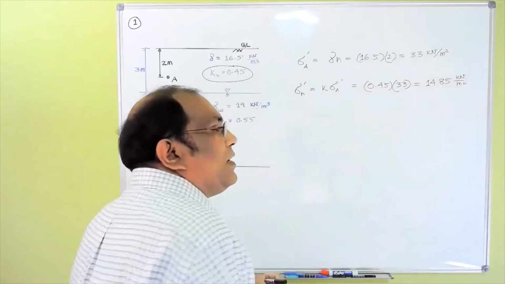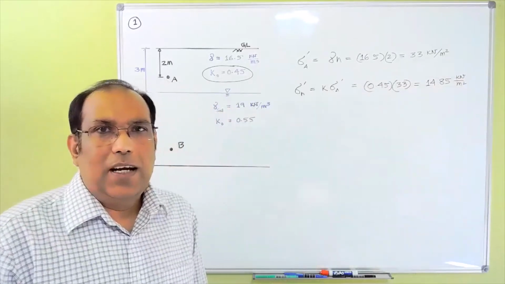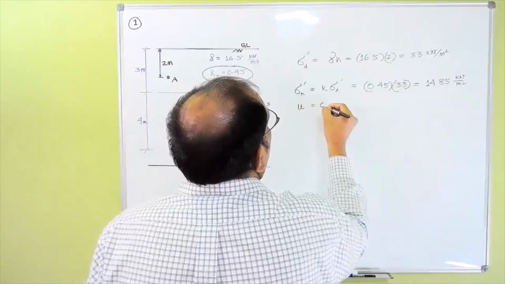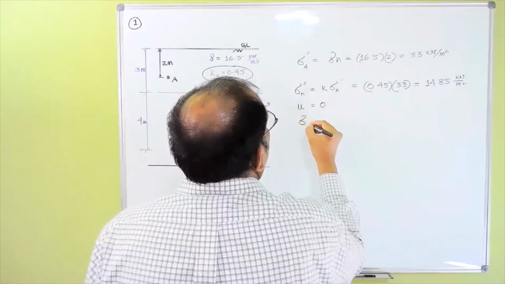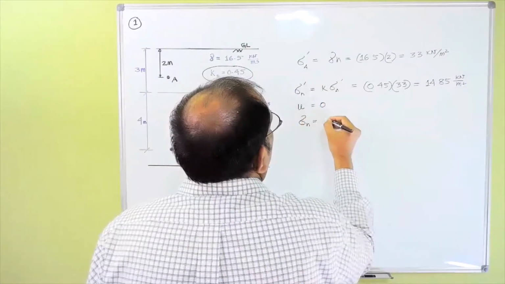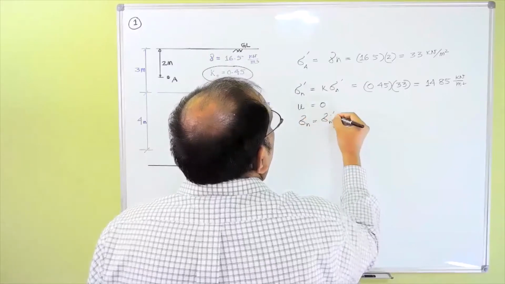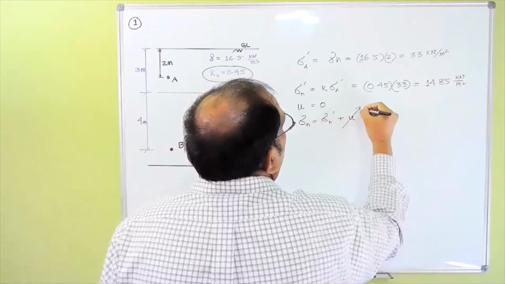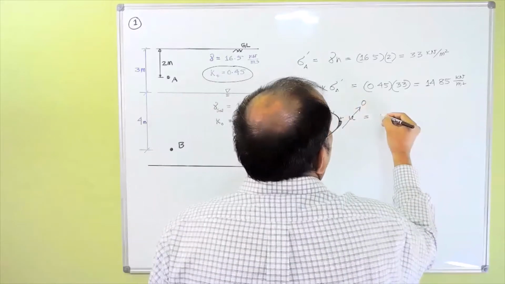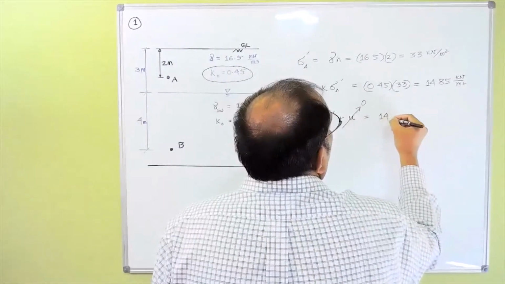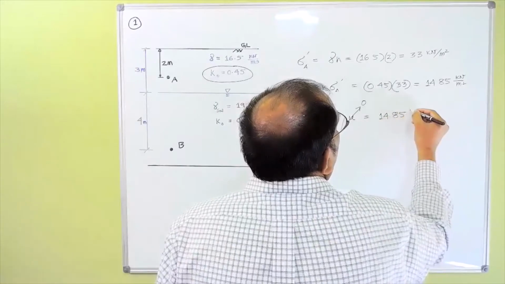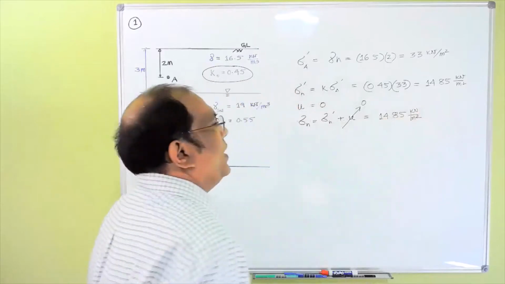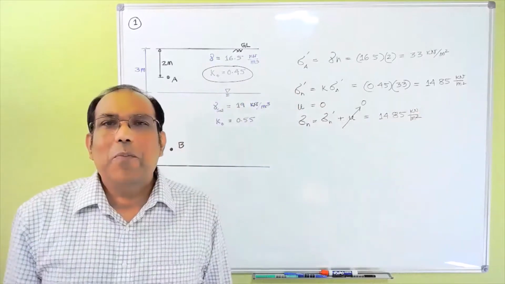Now you can see there is no water table here, so pore water pressure is 0. So your total pressure is equal to your effective pressure plus U. So U equal to 0, so that remains 14.85 kilonewton per meter square.